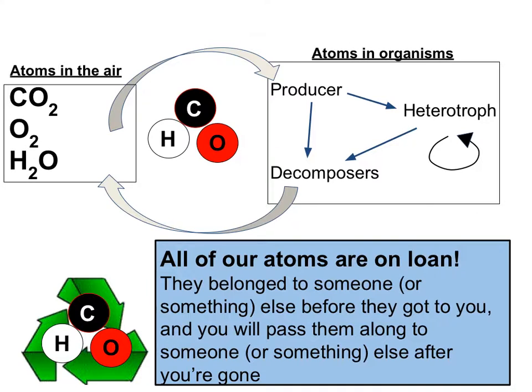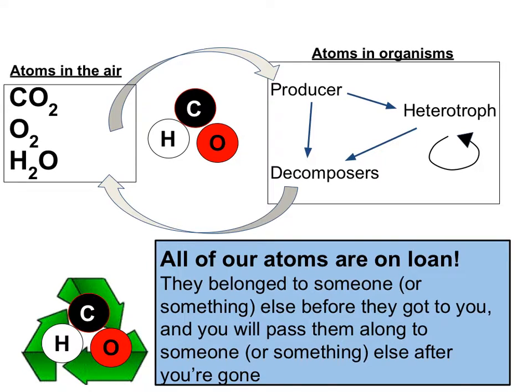So the atoms you take in will eventually be used by something else. It's almost like a type of reincarnation. There are atoms in your body that without a doubt have been part of dinosaurs. And when you die, that's not the end of the story.